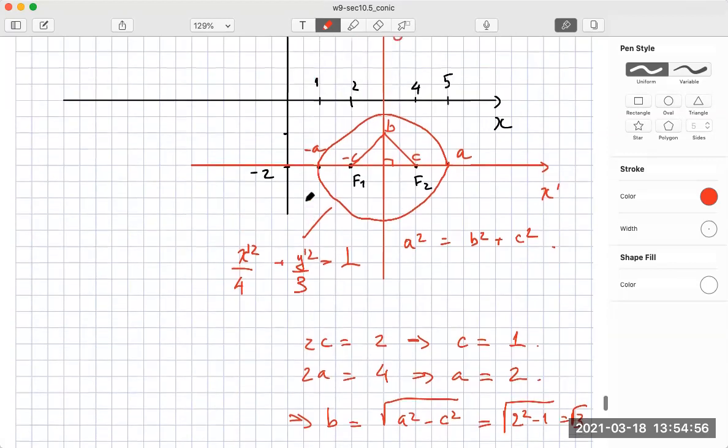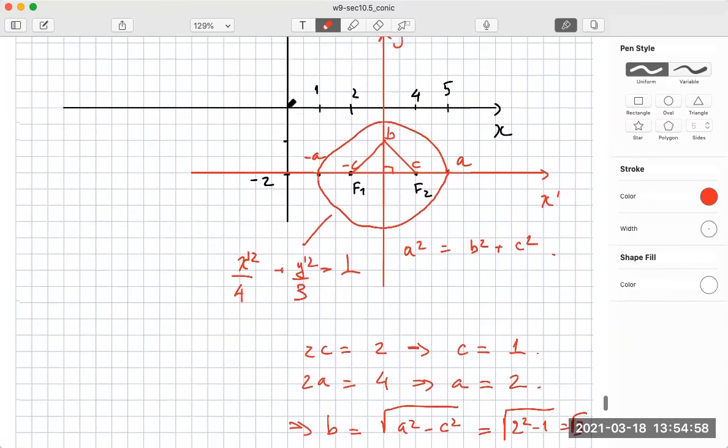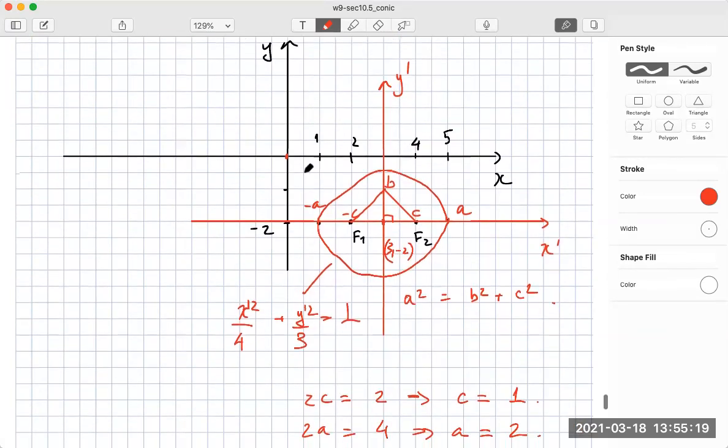So, in the red coordinate, what is the center of this guy? It would be (3, -2), right? So from all this information, we know that it is shifted to the right this much. Okay.